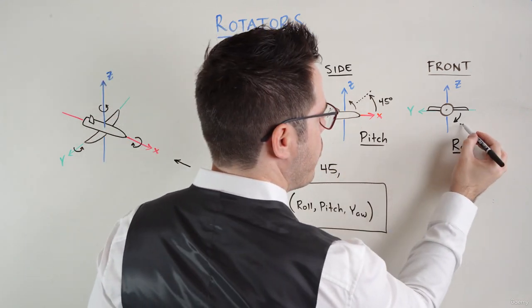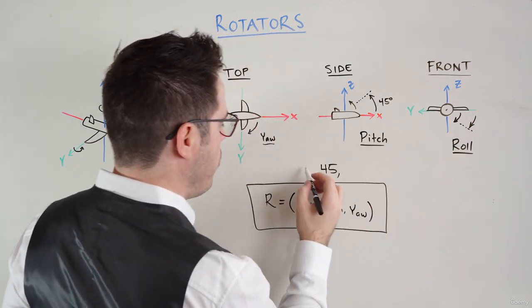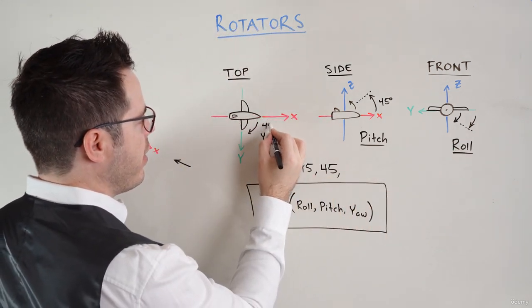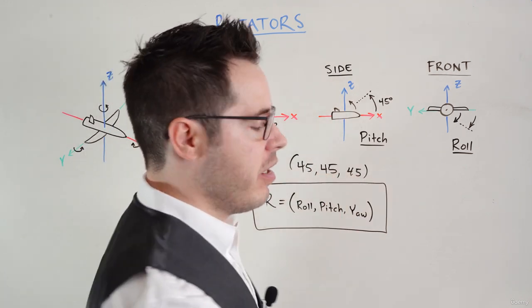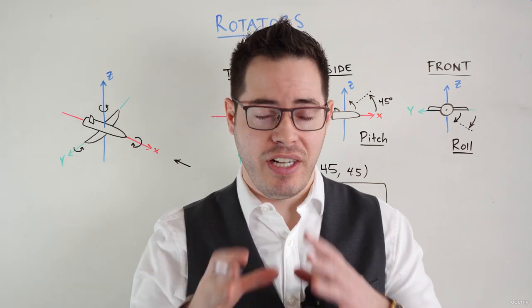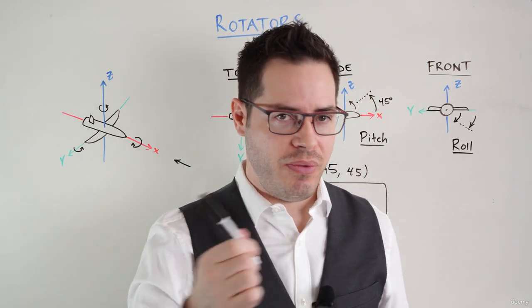If we rotate 45 degrees in the roll, then our roll will be 45. And if we rotate 45 degrees in the yaw, then our yaw will be 45. So we can take the yaw, pitch, and roll for any object and represent its rotation in a three-dimensional coordinate system using the rotator.